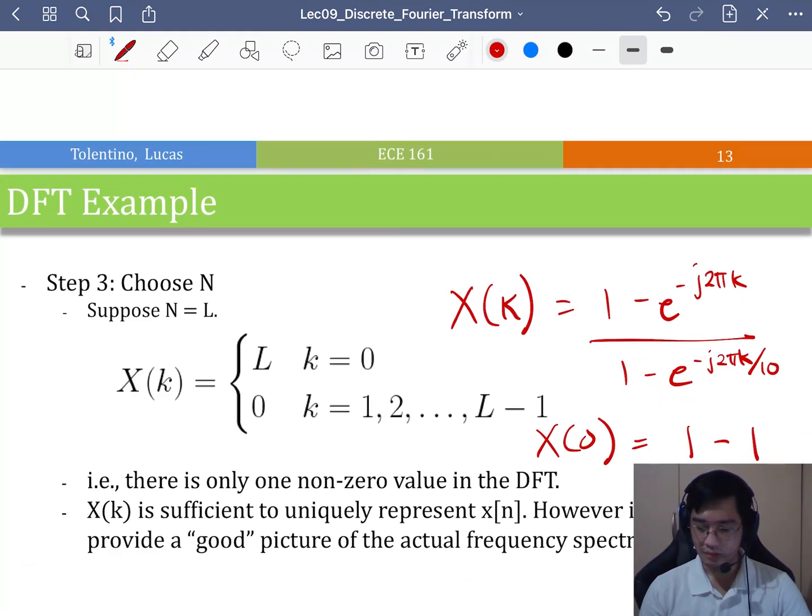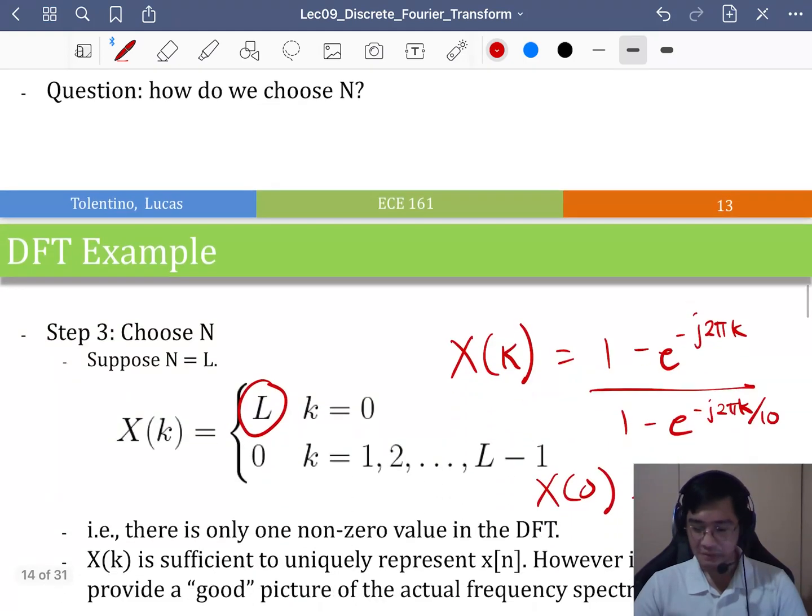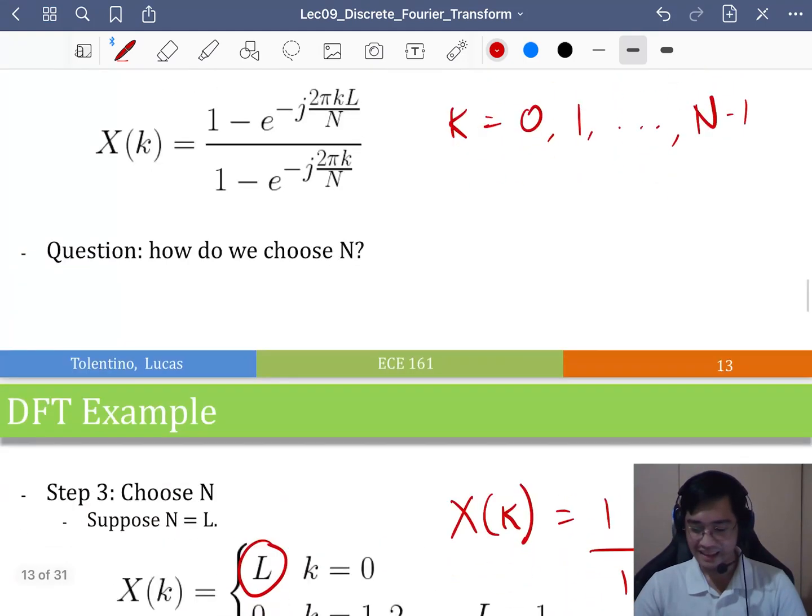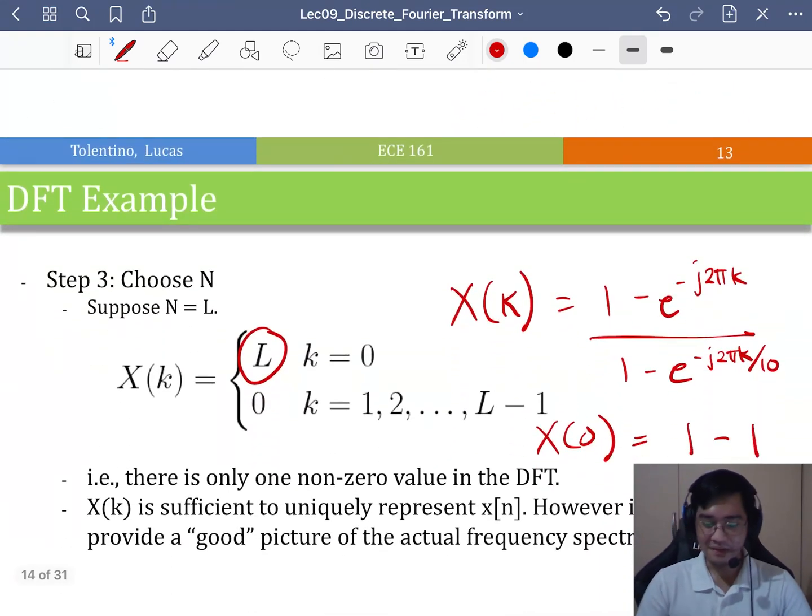Over 1 minus 1, you do L'Hopital's, you should arrive at this value. X of 0 is equal to L. Okay? Is that correct? I hope I'm doing this right. But anyway, if we set x at some number not equal to 0, we are getting 0.